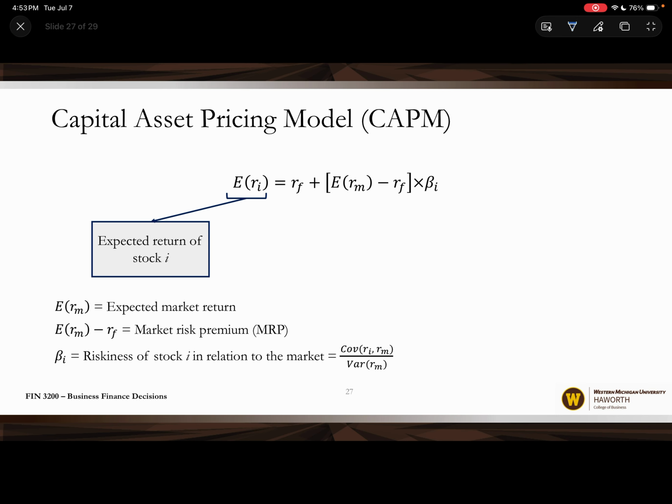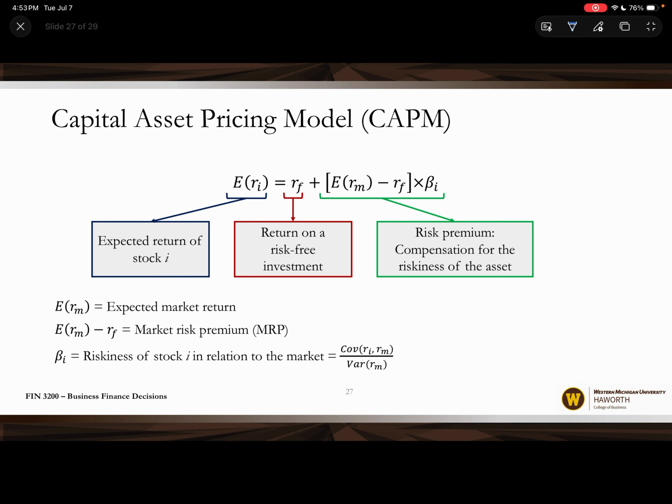We have the expected return of stock i. Again, i could be Apple, could be Tesla, GE, GM, Dell, whatever. Expected return of stock i is equal to the risk-free rate, the return on a risk-free investment, plus the risk premium.